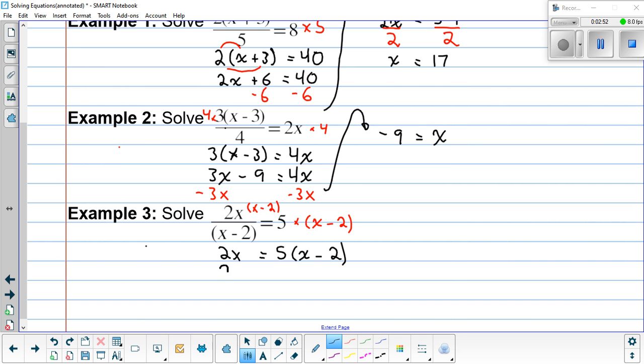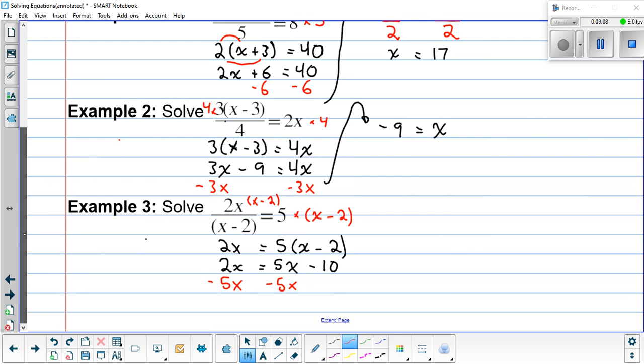Then we can expand into our bracket. So we get 5x, and that's minus 10. So here, let's move this 5x over, because then we'll isolate our variables and our numbers to opposite or different sides. And we'll be left with, well, 2 minus 5 is negative 3x.